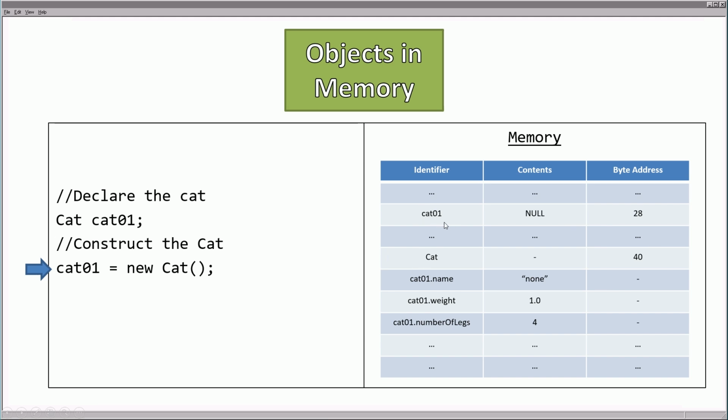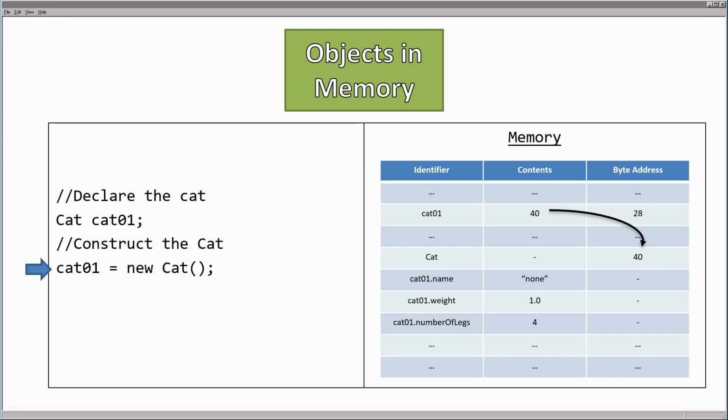Now for cat01, its name is none, its weight is set to 1, and its number of legs is set to 4. Now what's going to happen after we call the constructor is cat01 is going to be assigned the memory address, in other words 40. And the way that you can think about this is cat01 refers to that memory address, or it points to this memory address right here.